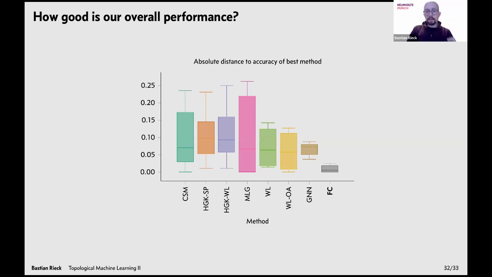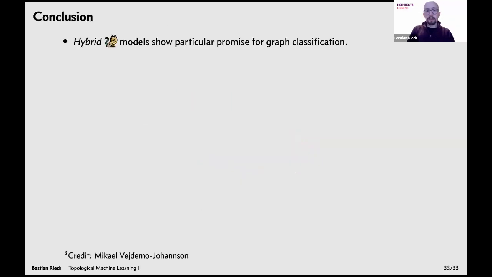And this now brings me to the conclusion that I want to use to start, hopefully, a discussion. I think we've seen that hybrid models, which are always likened to something like a chimera here. By hybrid models, I mean models that don't necessarily just follow one paradigm, but that try to integrate multiple paradigms.